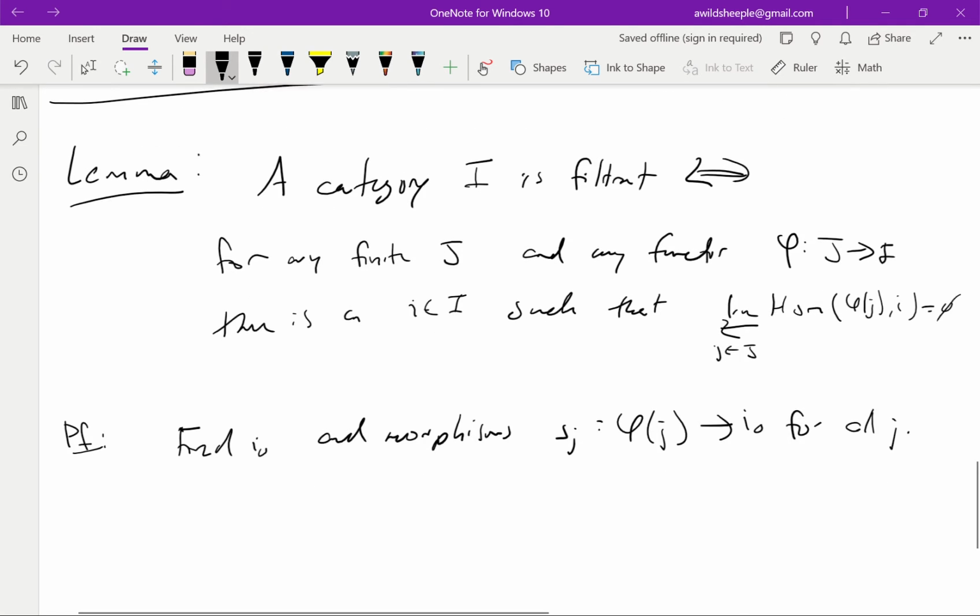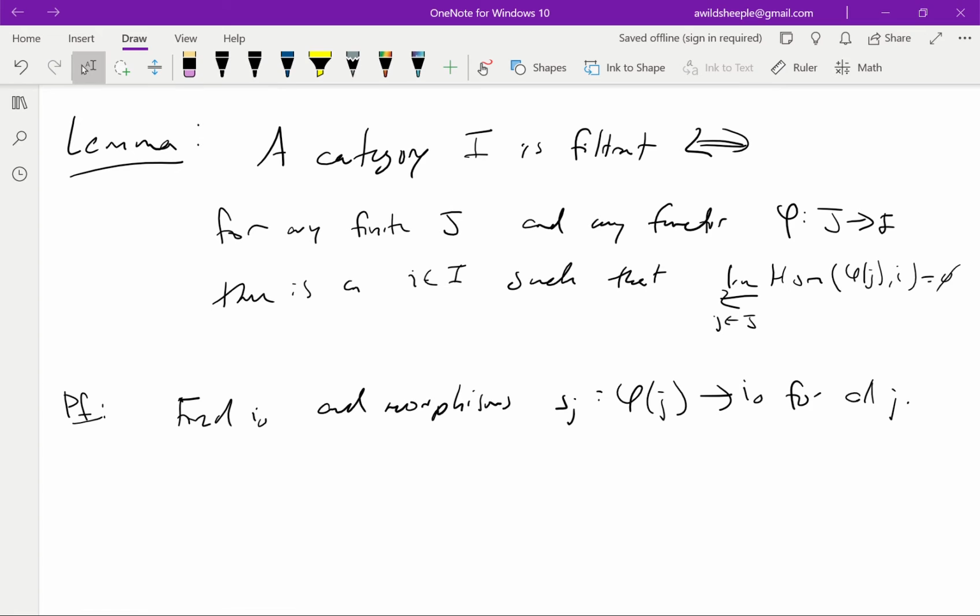And moreover, there are some morphisms kj and lambda j, again depending on j, such that the following composition does not depend on the first map.